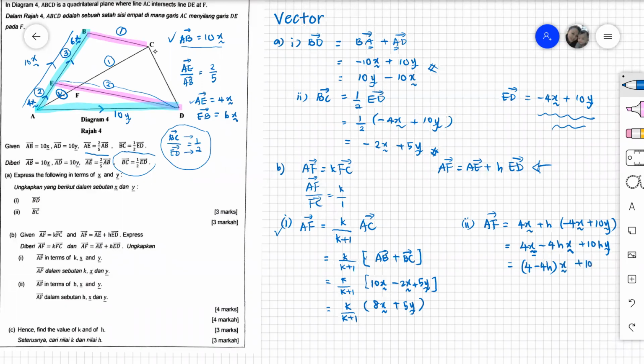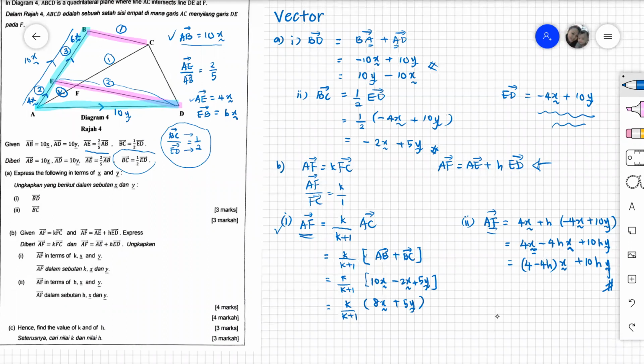And then plus 10h y. So we found the answer for part 2. Now the next part is, hence, find the value k and h. You see both in part 1, we wrote AF, but in 2 different terms. That means we have k and h.